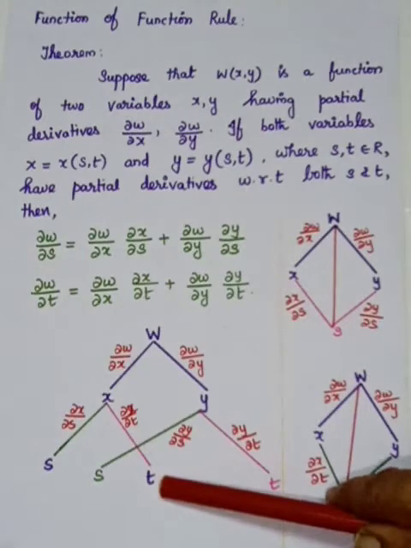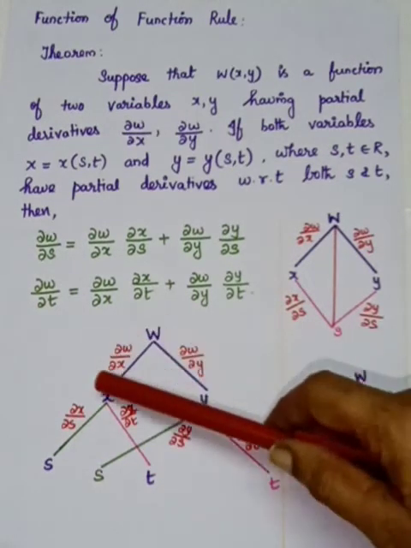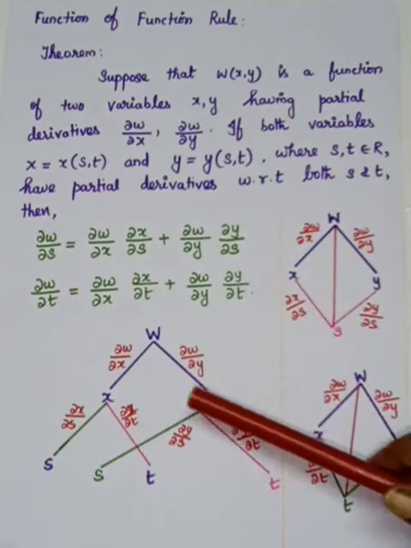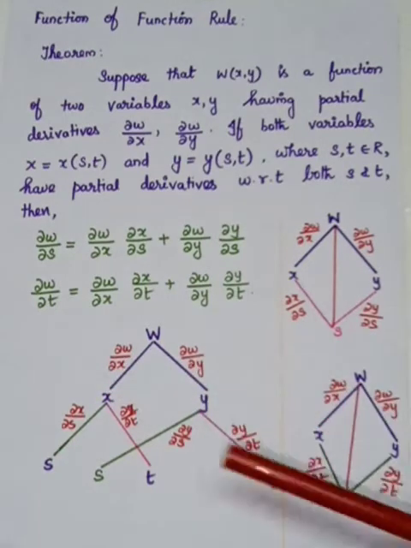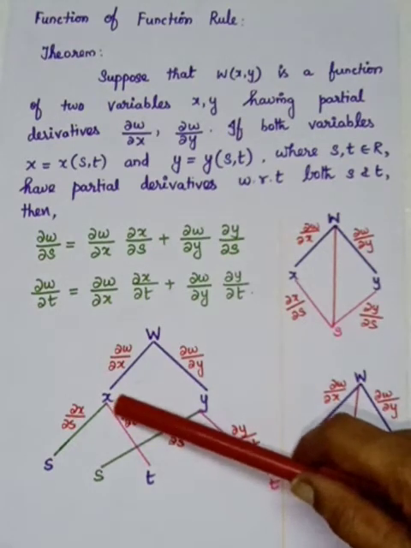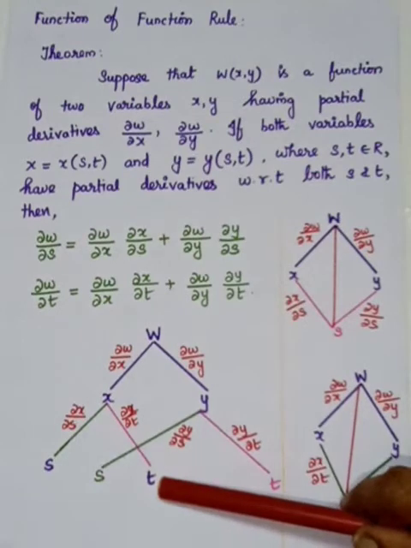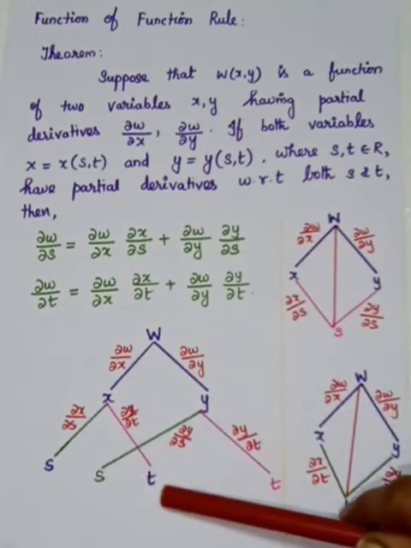In the previous class we have seen W is a function of x and y, and x and y are functions of a single variable t. Now here x and y are functions of two variables s and t.